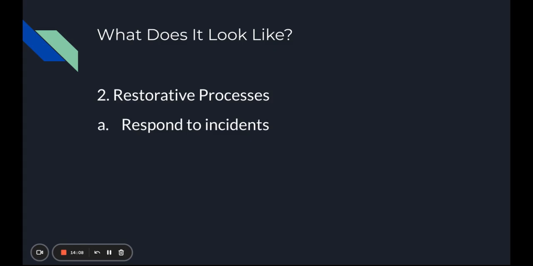Rather than immediate punishment of a student, we want to talk through the incident, what happened, who was involved, and we want to make sure that all parties involved understand how actions cause harm to those around them. They need to be held accountable for their actions. How did what they do or say affect another classmate in the classroom?